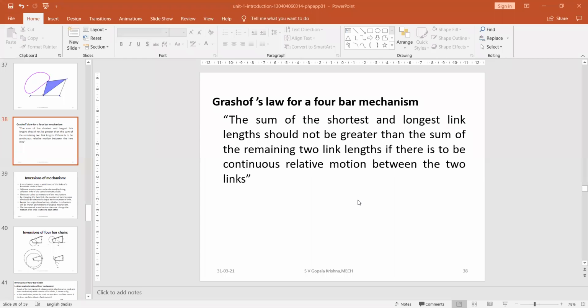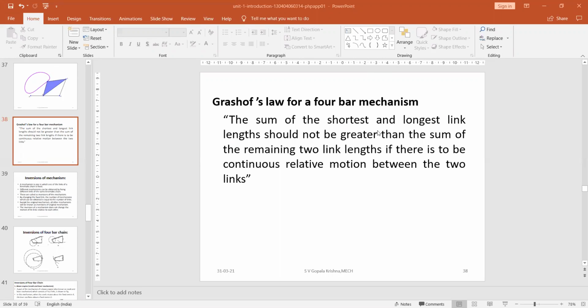Now, next one. When you have to tell about the particular four-bar cyclic chain or quadratic cycle chain, there is one law, that is Grashof's law. So you may also tell about Grashof's law for the four-bar mechanism.